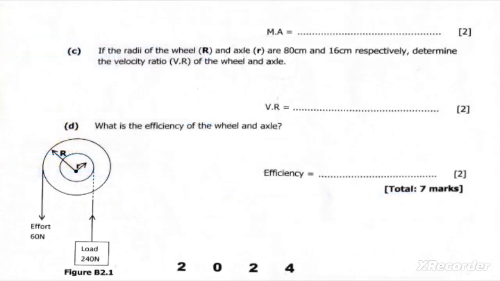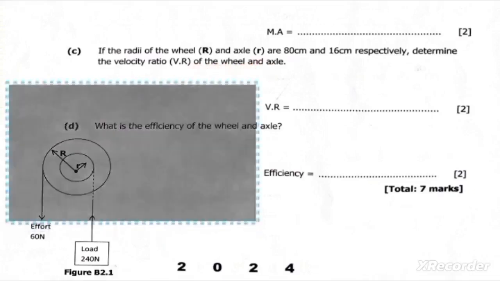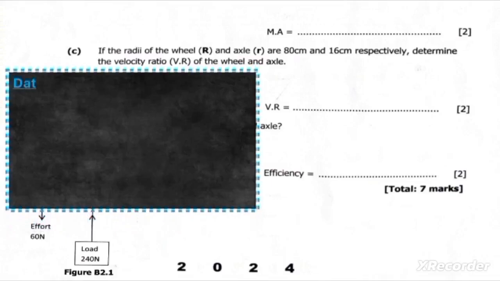We move to the next question, which is question C. If the radius of the wheel, capital letter R, and axle, small letter r, are 80 centimeters and 60 centimeters respectively, determine the velocity ratio VR of the wheel and the axle. Okay, so to answer this question, we are also going to collect data.